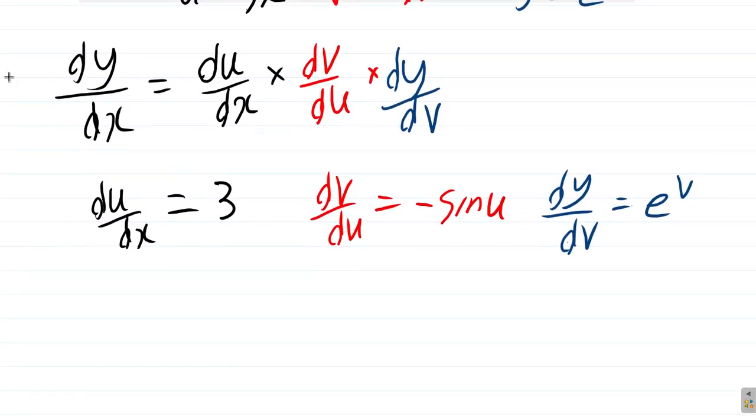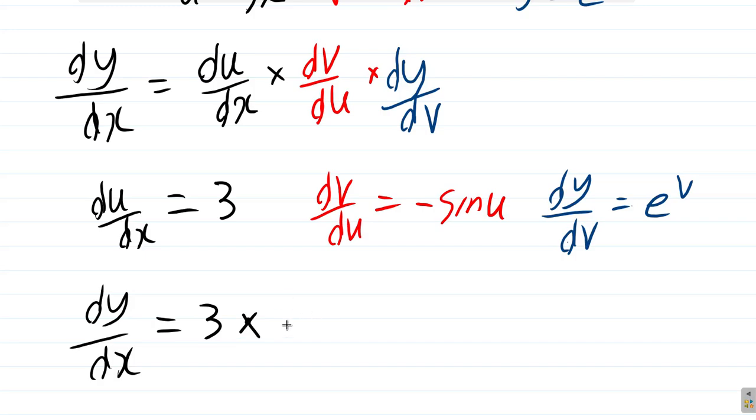Alright, so what happened here is that dy by dx is equal to du by dx, which is 3, times dv by du, which is negative sine u, times dy by dv, which is e to the v.